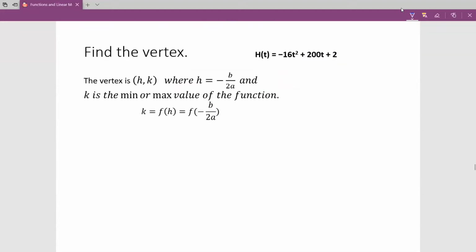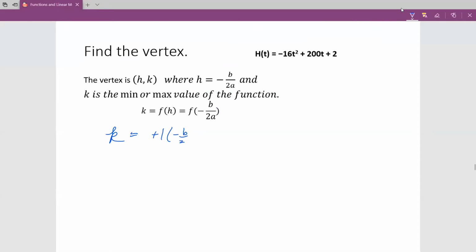Let's find the vertex, the k value, which is the h value, or we could call it the y value. The vertical max is going to be h at -b over 2a.